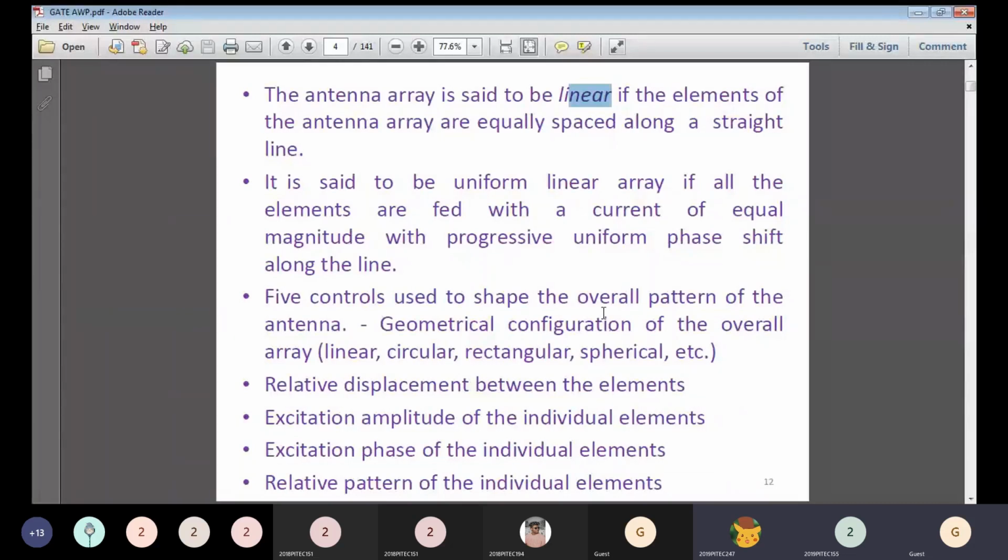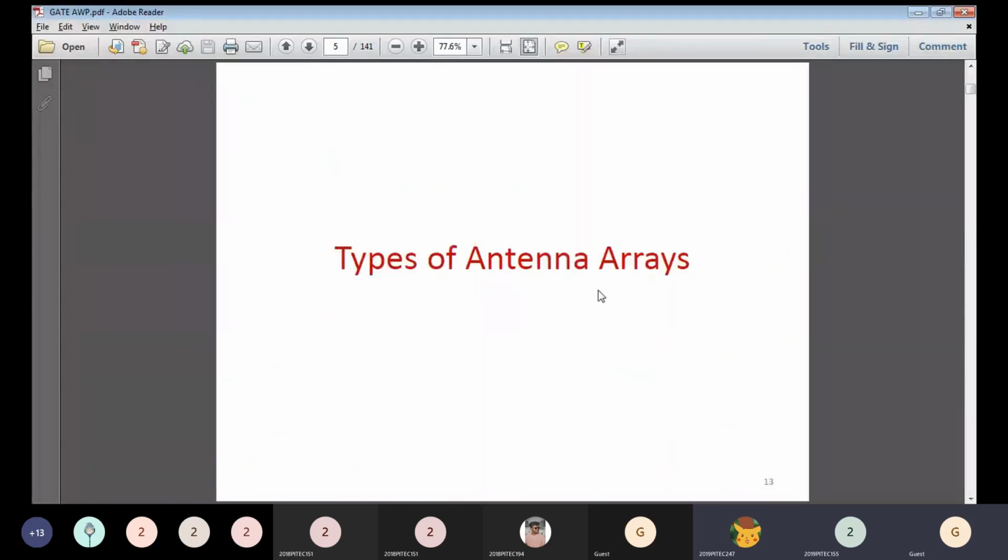Coming to the types of antenna arrays, I told you there are 5 types. One is based on geometry configuration, 3 types: linear, planar, conformal. Second, based on current excitation, 2 types: broadside and end-fire. Third, based on elements, 2 types: parasitic and non-parasitic.